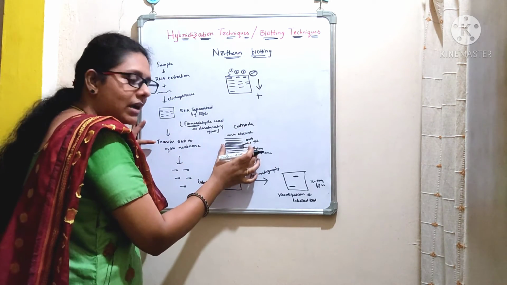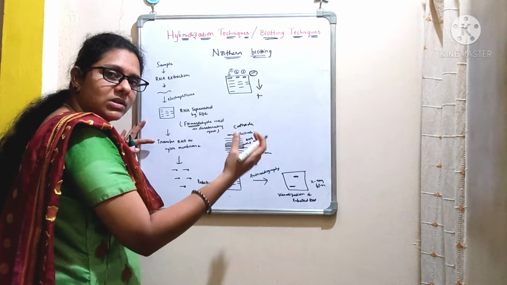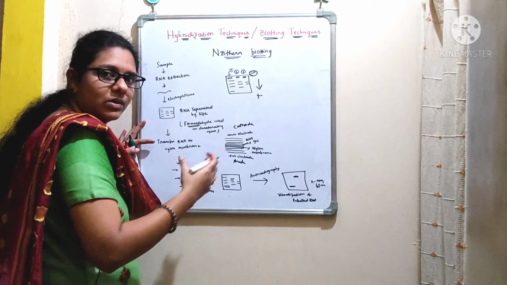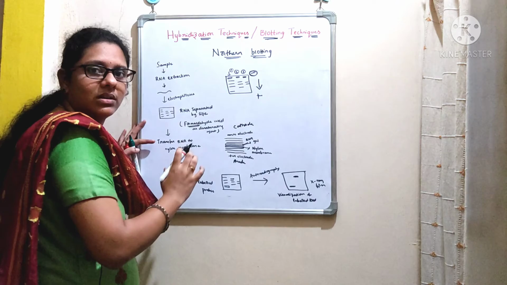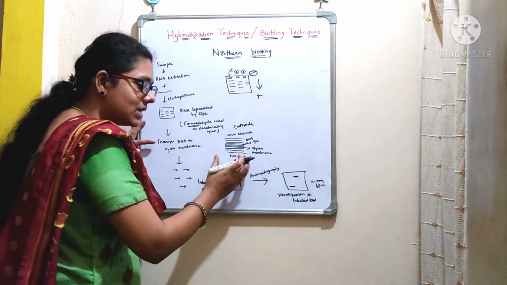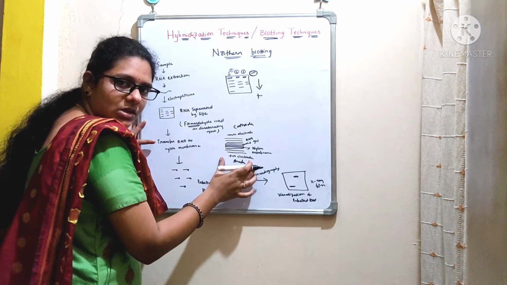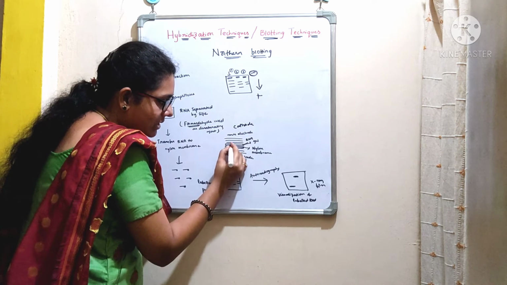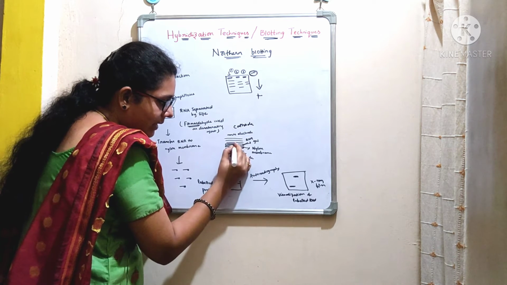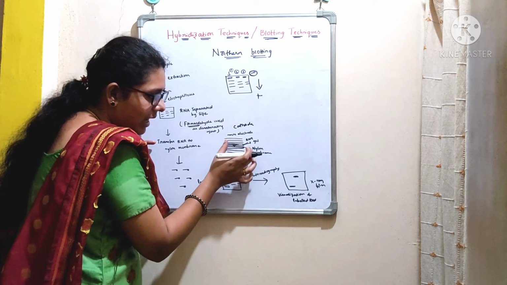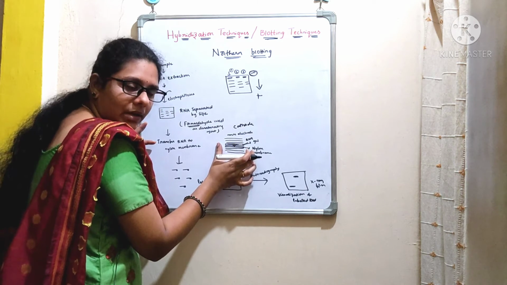Here the nylon membrane which carries a positive charge will have an affinity towards the negatively charged nucleic acids. So that is the reason there will be a negative charge over here and the positive charge over here, and the RNA bands will be transferred from the gel to the nylon membrane.